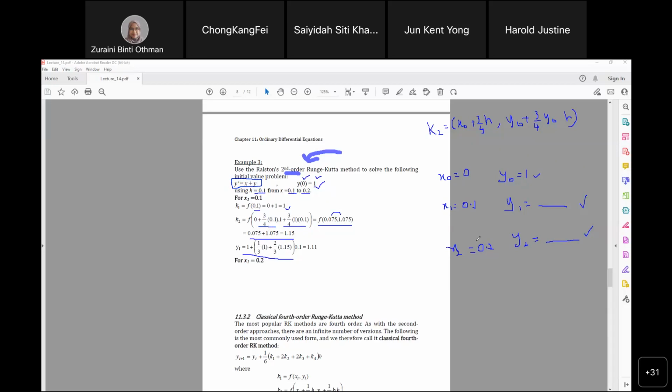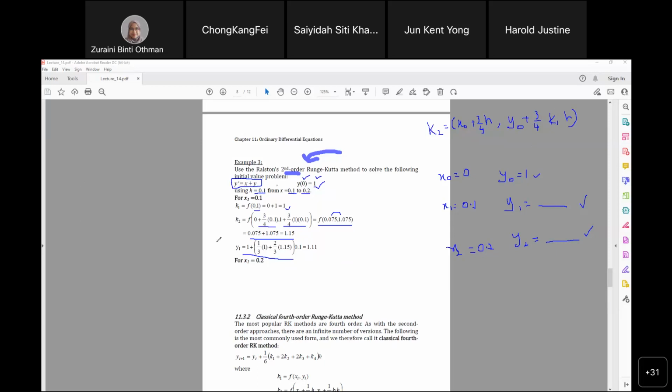The formula is not y not, it should be K1 at 3/4. Oh, that is K1, sorry. Here it is K1. Sorry, K1, K1. I did not want to go up there. Okay, this is K1 and this is Y naught.